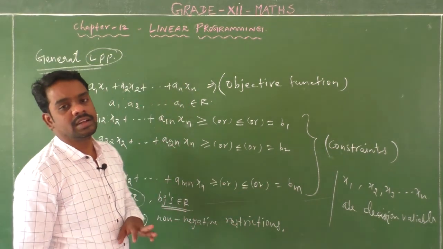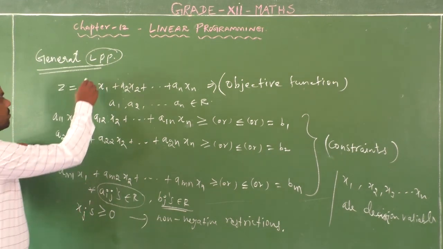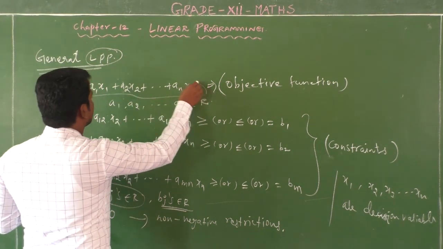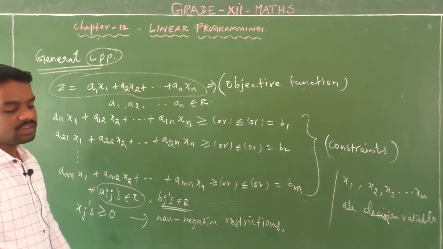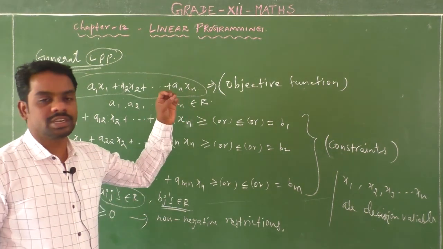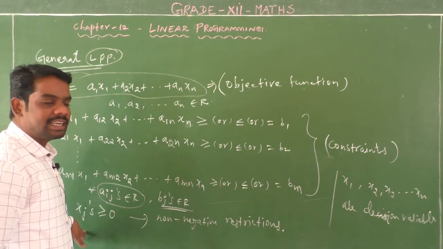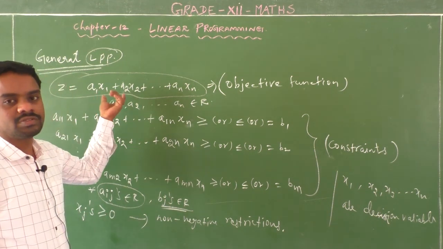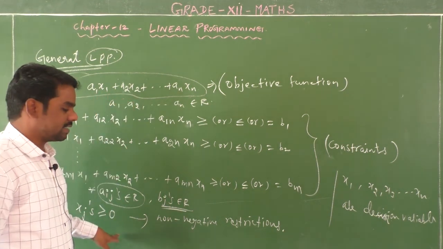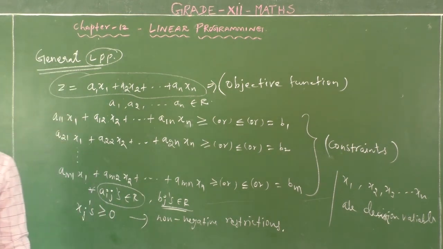So the function z equals a1 x1 plus a2 x2 plus and so on, plus an xn is the objective function. The other inequalities are the constraints, and the decision variables xj being non-negative is the non-negative restriction. So they take non-negative values.